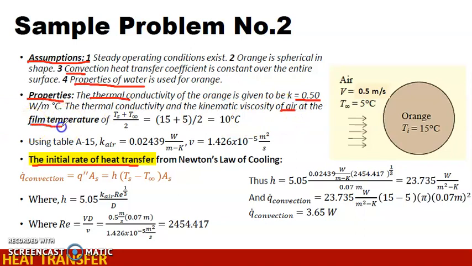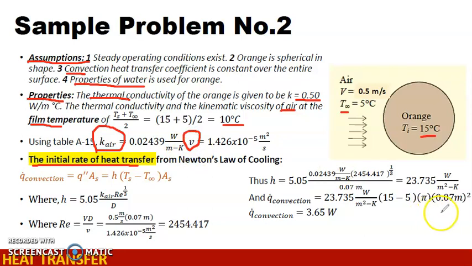Again, the film temperature is just the average of the temperature of the fluid and the temperature of the surface. So that's 15 plus 5 over 2, so that's 10 degrees Celsius. So it is at 10 degrees Celsius where we should get the value of K air as well as the kinematic viscosity.